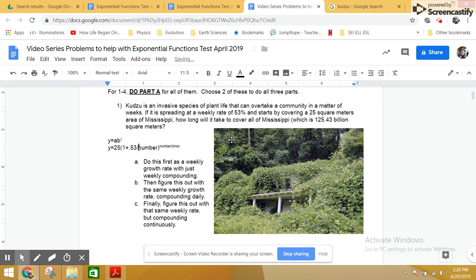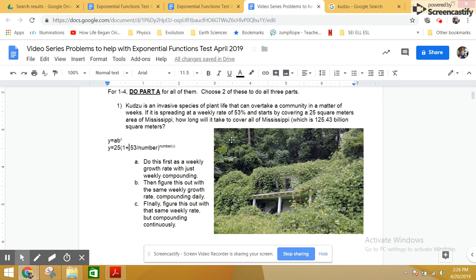And then we have different versions for the number of compounding events. I'm going to leave that alone for right now. I'm going to get rid of the word time, since time is going to be just x on our graph. Okay, so that's going to be the basic function that we'll use.